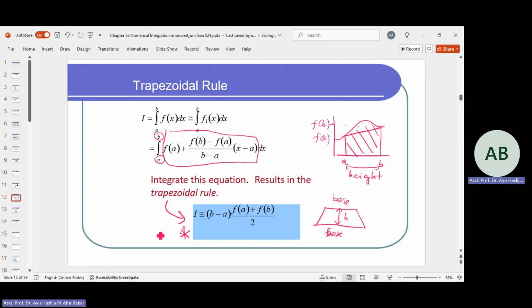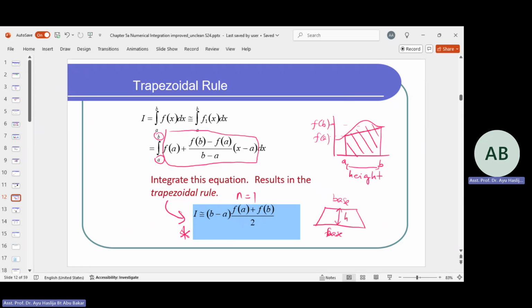Straight away use this equation for the trapezoidal rule. Single application means n equals to 1. Later you will see multiple application where n equals to 2 and more.